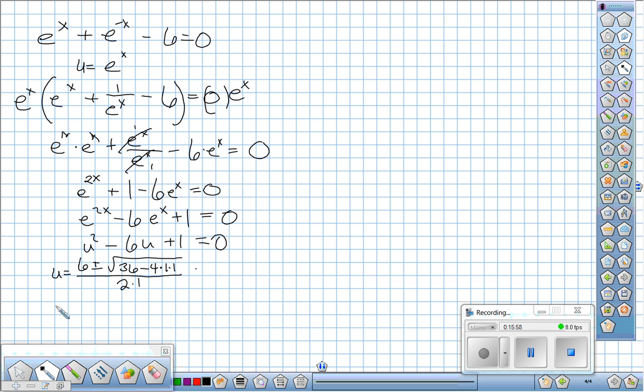And then when I simplify that down, I'll have 6 plus or minus the square root of 36 minus 4, so 32, all over 2.